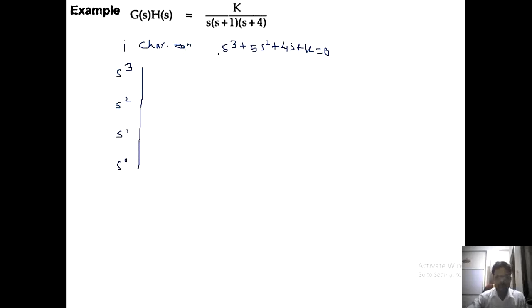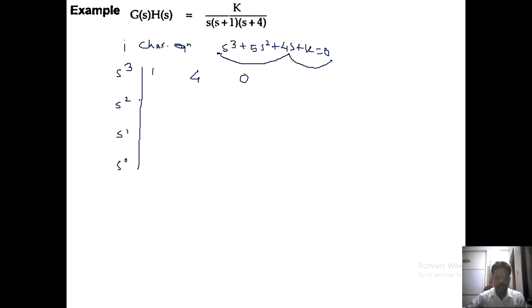Now the coefficient of s cube is 1. Then leave one step. So s cube's coefficient is 1, then leave s square, then the coefficient of s is 4, then 0.